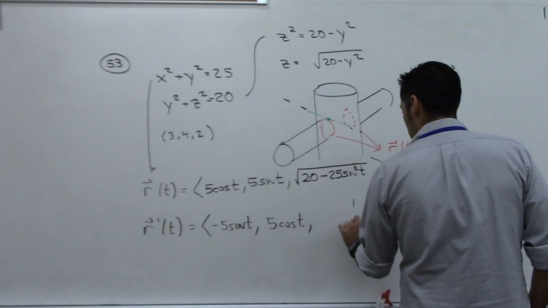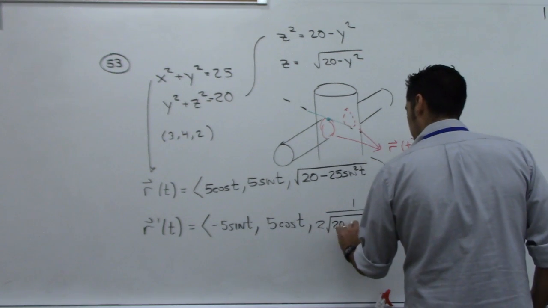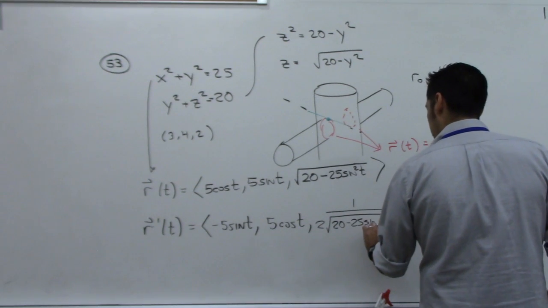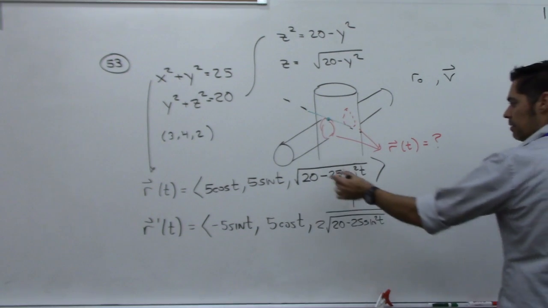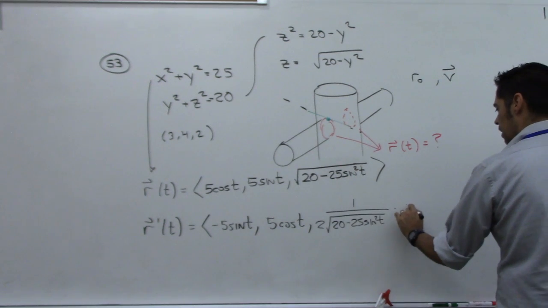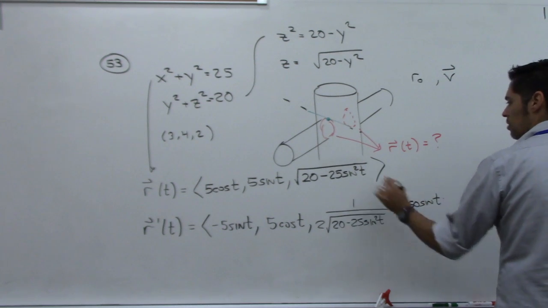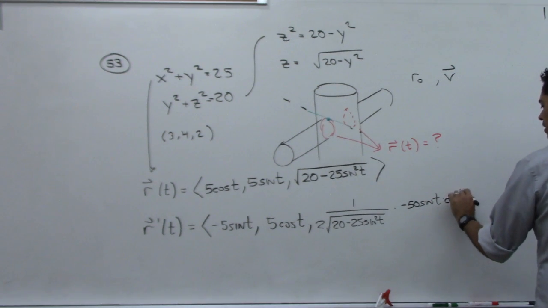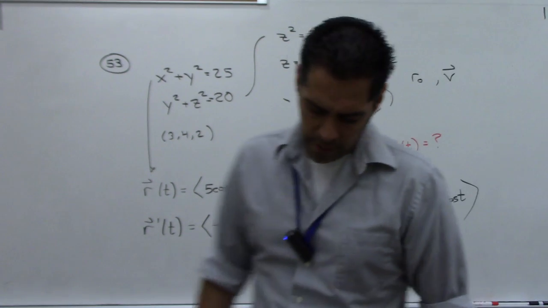Chain rule, so 1 over 2 roots of all this times the derivative of what's inside. So the derivative of 20 is gone. Derivative of this, the 2 comes out, so negative 50 sine t times the derivative of sine, which is cosine t. That should be it. My phone is going crazy.